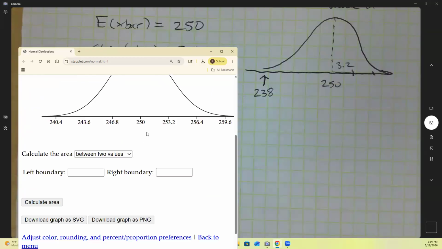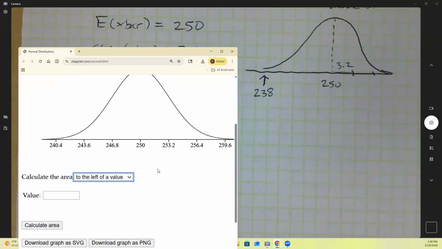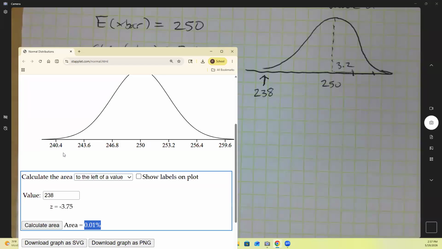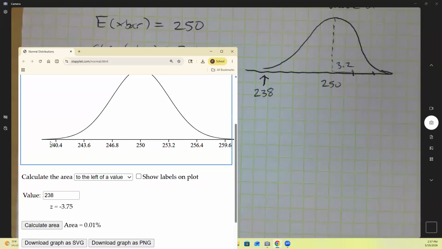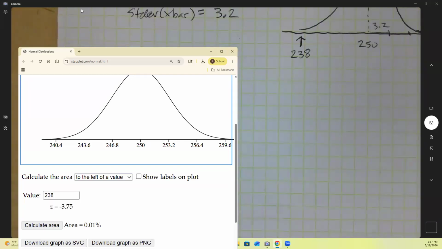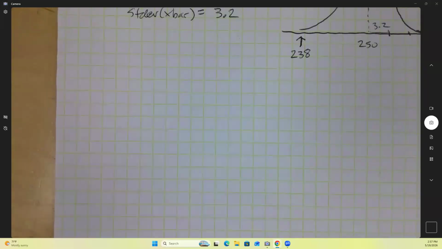Since this is a one-sided hypothesis test, we're just going to calculate the value to the left of 238. It's about 0.01%. We can't even see it here, but it's so much smaller than what we would expect. And that was the hypothesis test.